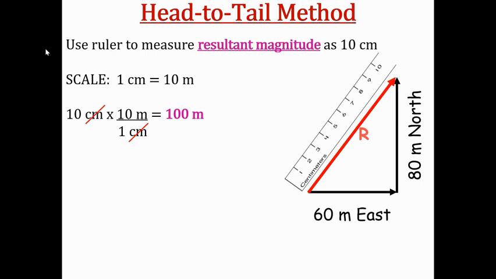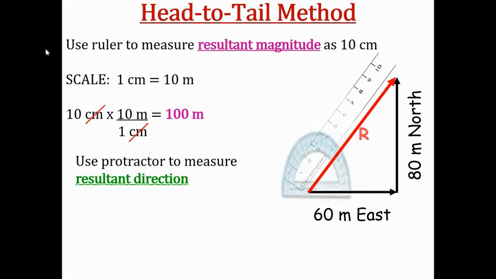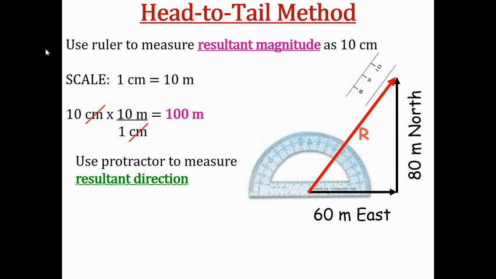So now I have the magnitude of the resultant vector, but I still need to find the direction. So I get my protractor out and I line up my protractor so that one side of the angle lines up with the 0-degree mark, and then the resultant points to the angle that I'm measuring.